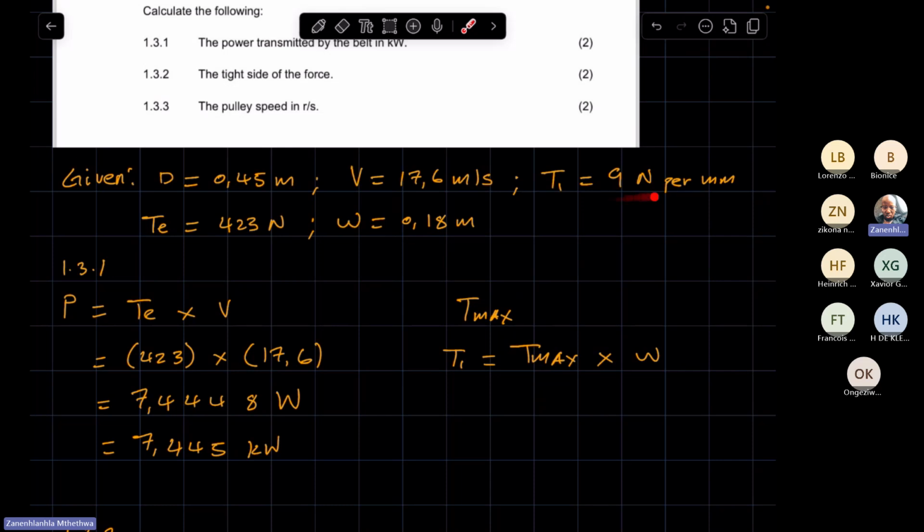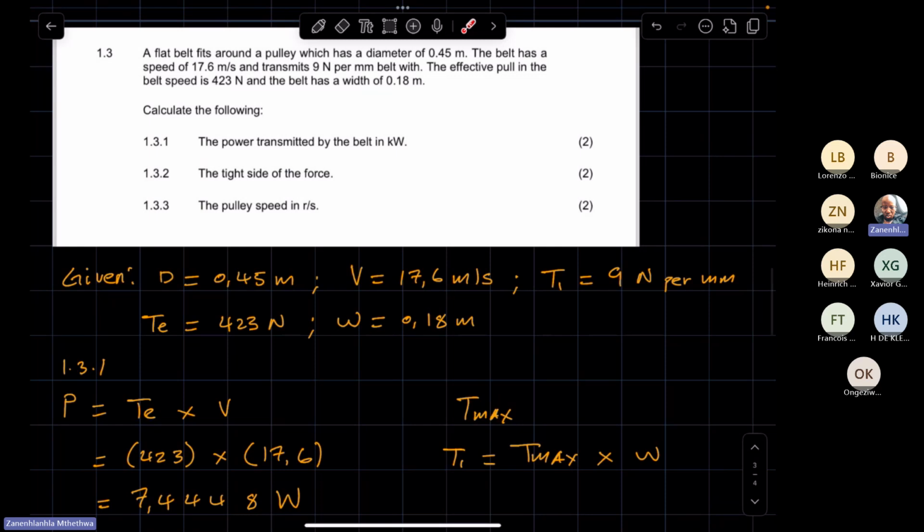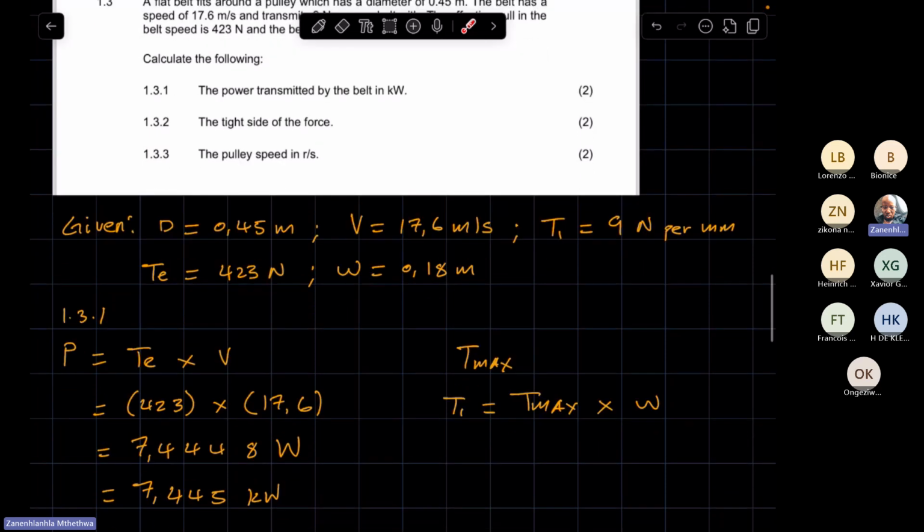Now, how this has been given to us is 9 newtons per millimeter of belt width. So when substituting the width, for this width to cancel these millimeters, or to get rid of the millimeters, it means we have to substitute our width as millimeters.